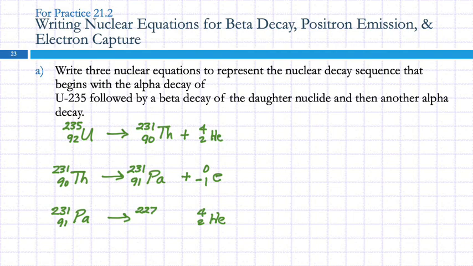If you're bad with math, use your calculator. 91, so this must be 89. The periodic table says Ac. Oh, and a plus sign. Okay?